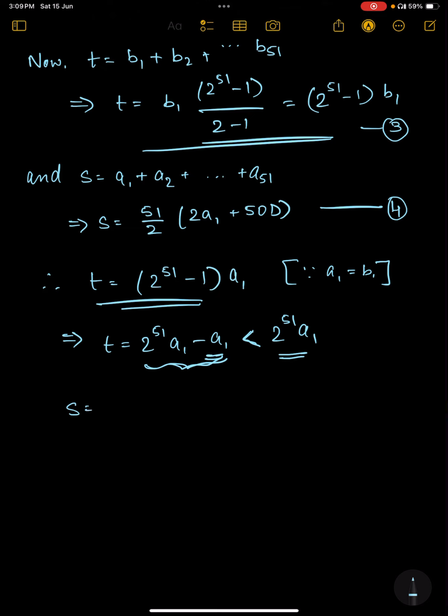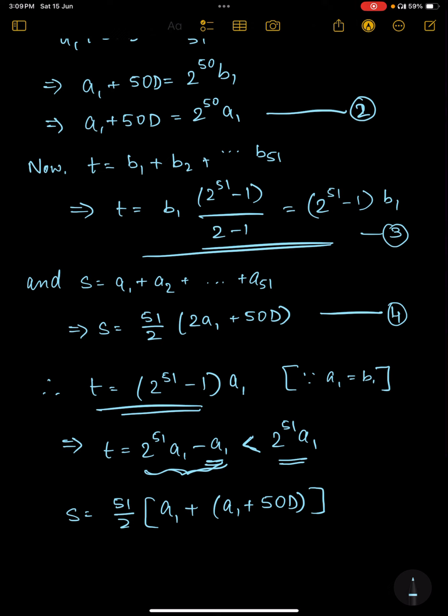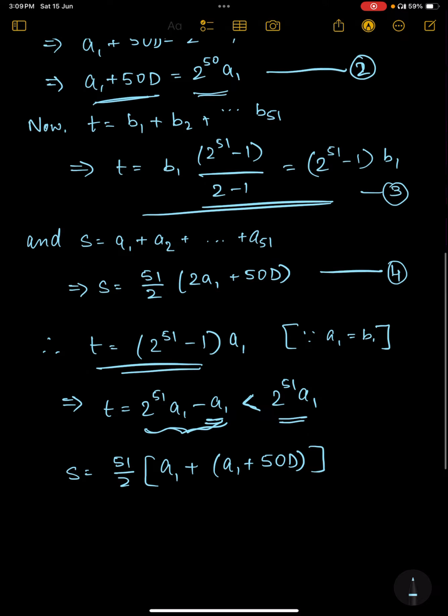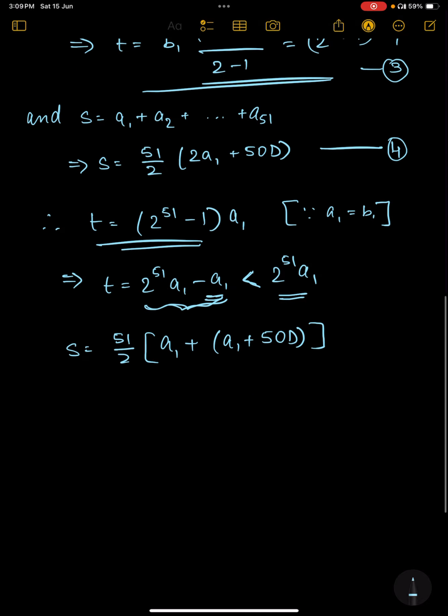And s is equal to 51 by 2 into a1 plus a1 plus 50d. Now, if you recall equation 2, we already know that a1 plus 50d is equal to 2 power 50 a1. So I can very easily write s is equal to 51 by 2 into a1 plus 2 power 50 a1.